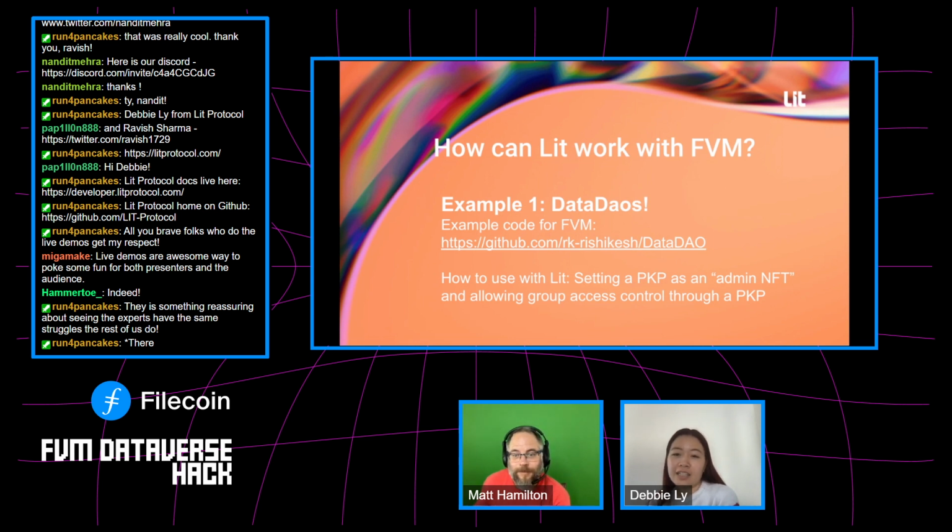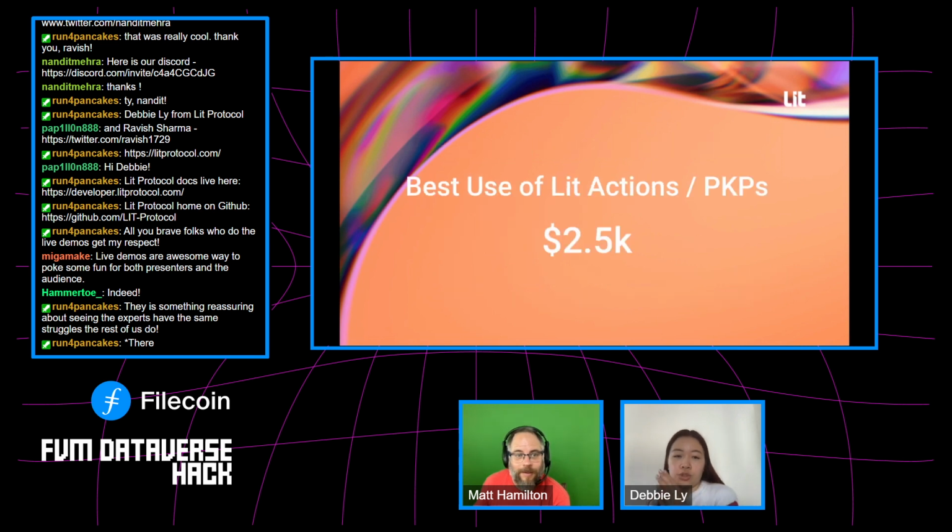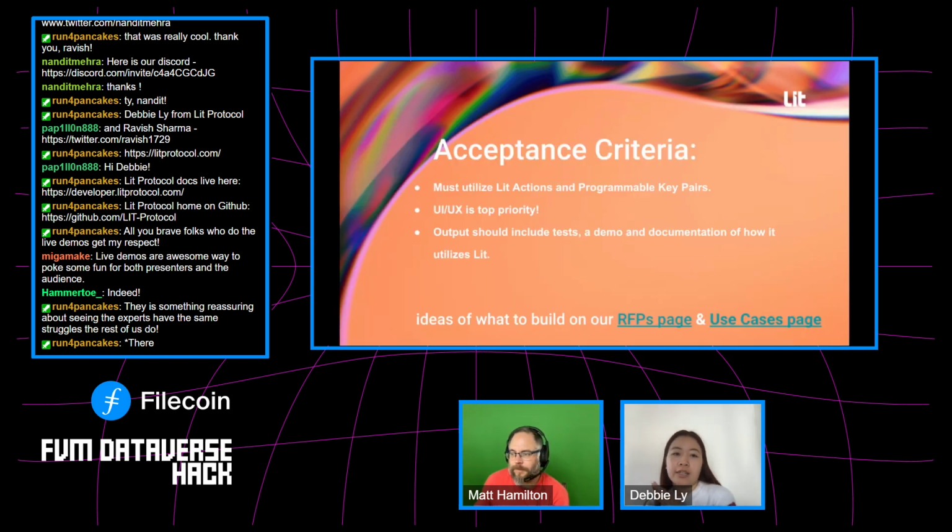Yeah. And just wrapping up this presentation. So Lit, we're doing best use case of Lit actions and PKPs. So that'll be 2.5K USDC. And we're really looking for someone to utilize Lit actions and PKP.